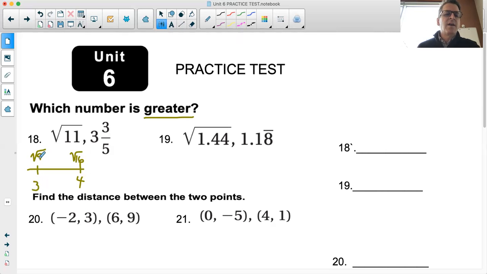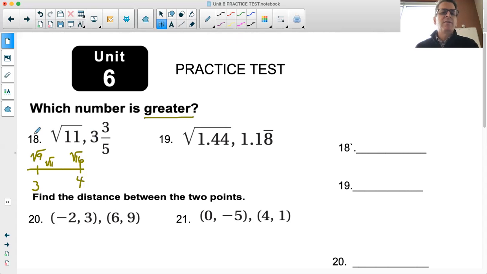The square root of 9 is 3. The square root of 16 is 4. The square root of 11 is going to be just past 9, 10, 11, right about in here. It's only a couple numbers away from 9. 3 and 3/5 is a good bit past a half between 9 and 16.